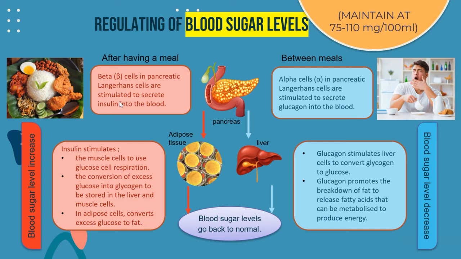So after having a meal, the Langerhans cells in the pancreas will secrete insulin. So what does the insulin do? Insulin stimulates the muscle cells to use glucose for cell respiration, and also stimulates the conversion of excess glucose into glycogen, and this glycogen will be stored in the liver and also the muscle cells.